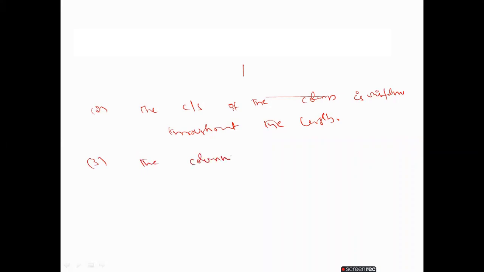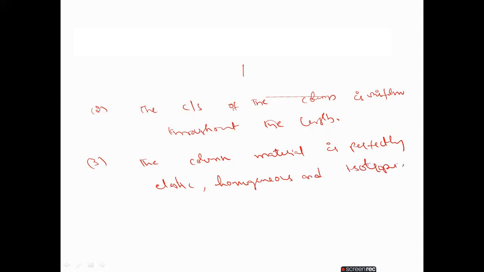Coming to the third assumption, the column material is perfectly elastic, homogeneous and isotropic, and it obeys Hooke's law. Everyone knows Hooke's law already, we discussed it in the previous classes: stress is proportional to strain.